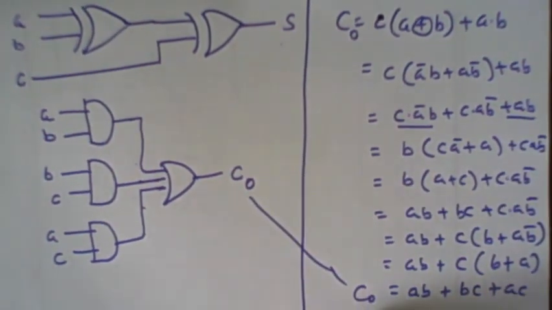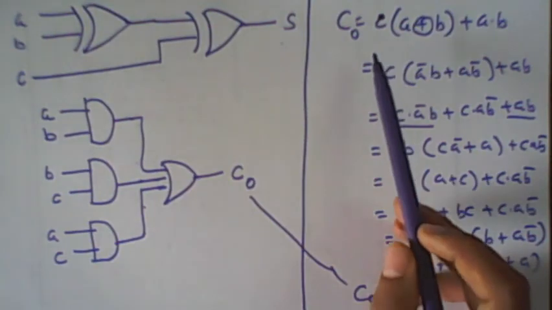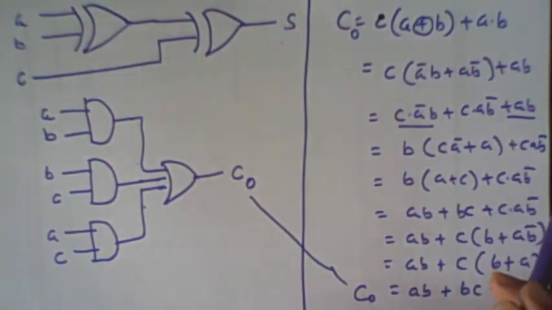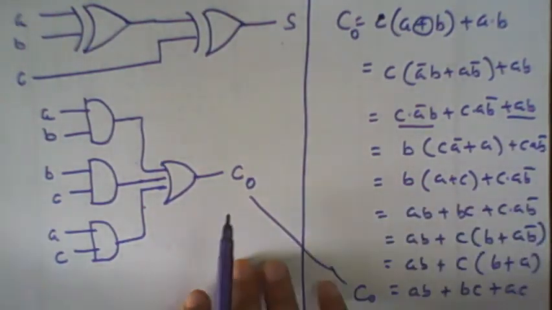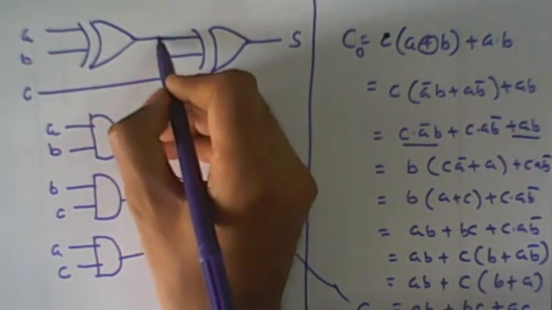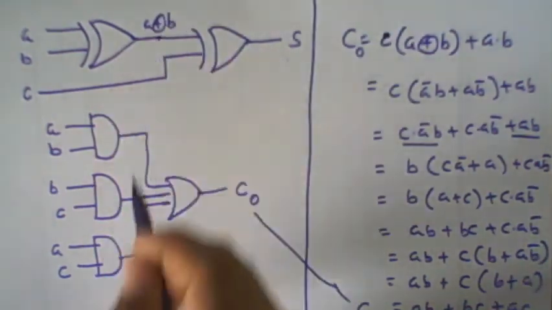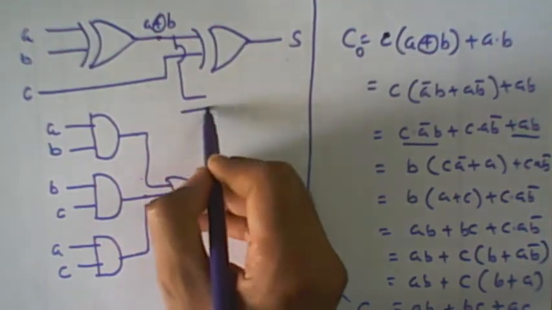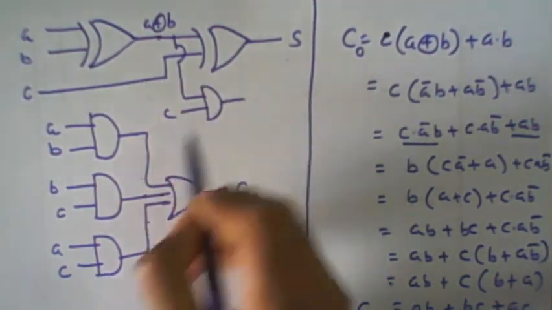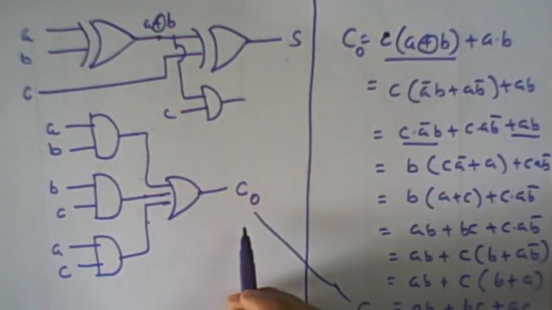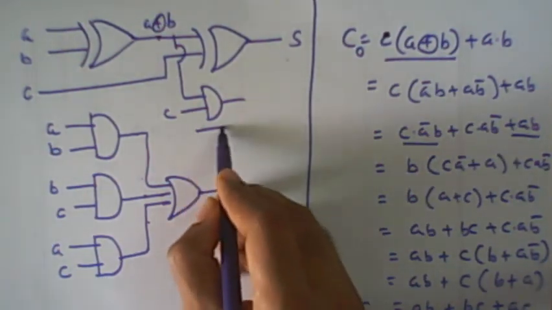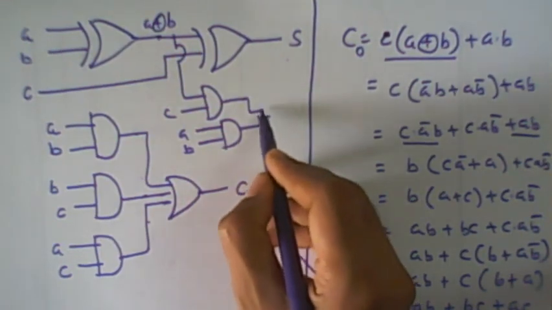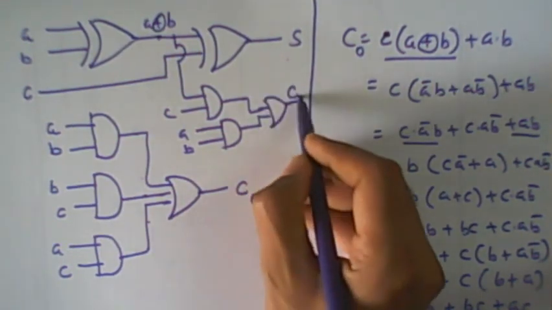So another way we can implement the carry, it is C into the XORing of A and B plus A into B. Right? So how to prepare this, the second is, here you will get the A XOR B. This is the A XOR B. So this A XOR B, it is ANDed with C. So we'll get the A XOR B with ANDing, plus another ANDing is A and B. And ORing of these two will produce the carry out.